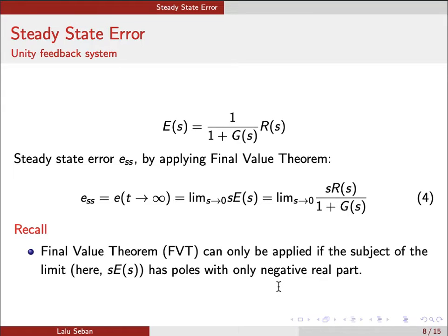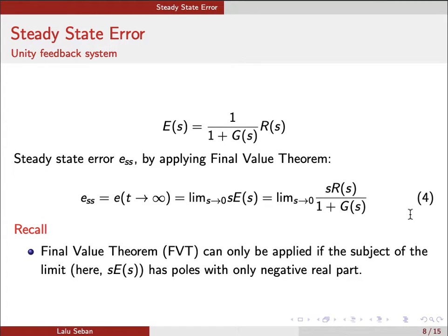Now we are interested in the steady state value of the error. Since this is in the Laplace domain, we can easily apply the final value theorem. So the steady state error, that is error at time t tends to infinity, will be limit s tends to 0 s into E(s). So rewriting E(s), it will become this equation number 4.